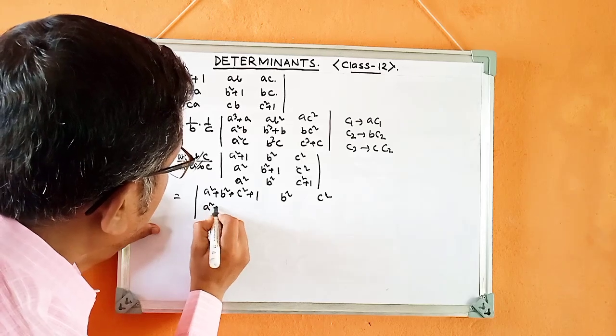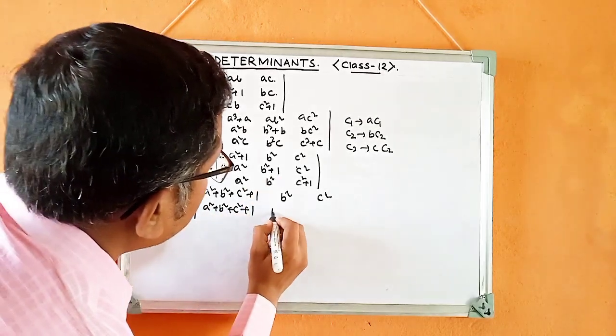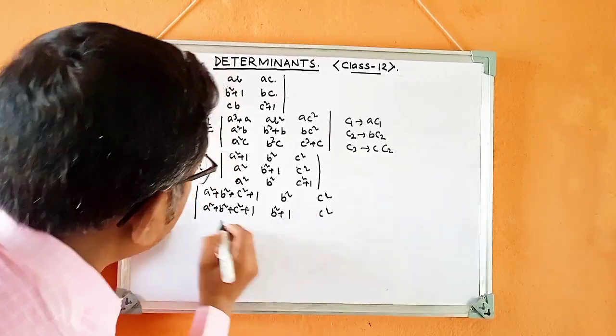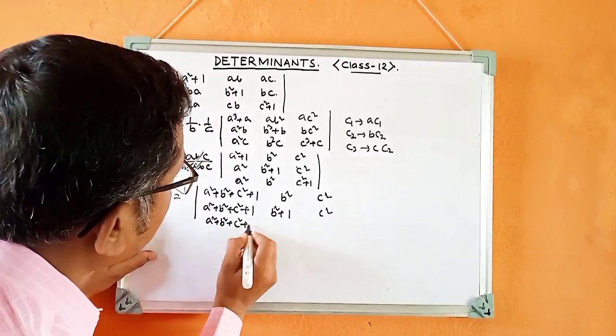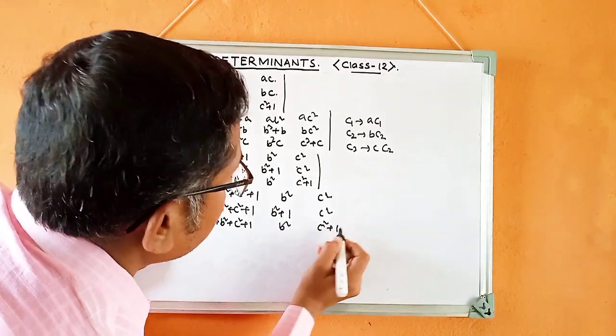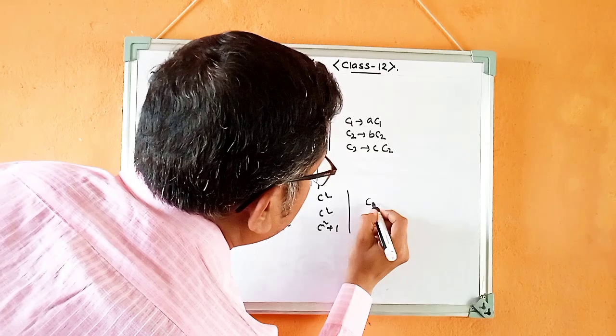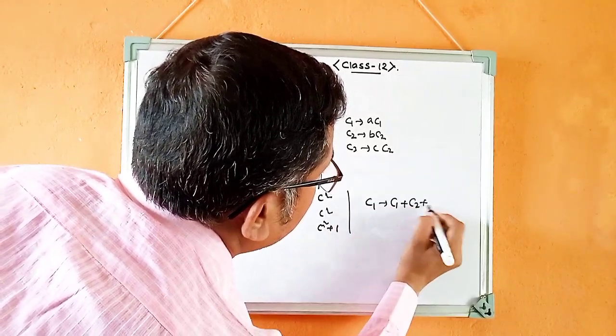Then A square plus B square plus C square plus 1, B square plus 1, C square. Then A square plus B square plus C square plus 1, B square, C square plus 1. That means C1 equals C1 plus C2 plus C3.